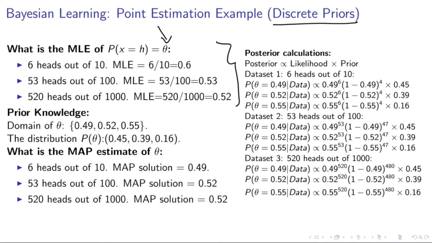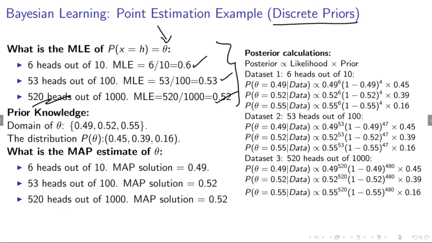We saw the maximum likelihood estimates when we get 6 heads out of 10, 53 heads out of 100, and 520 heads out of 1000: 6 divided by 10 is 0.6, 53 divided by 100 is 0.53, and 520 divided by 1000 is 0.52.